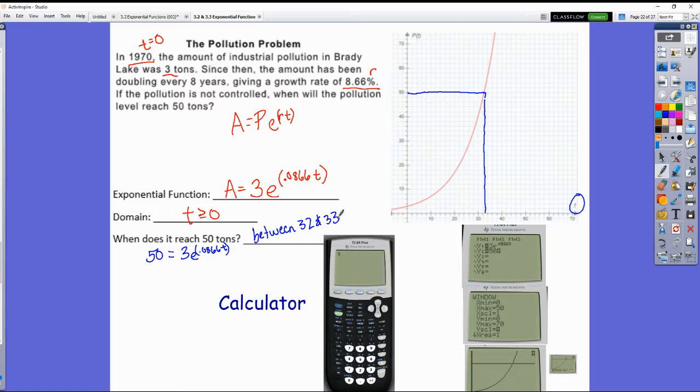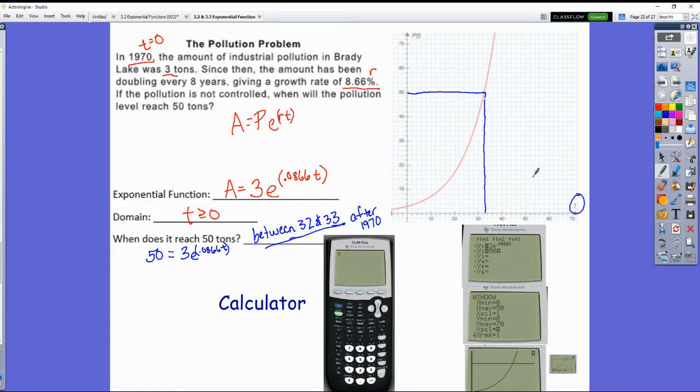So 32 and 33 years after 1970, because 1970 is when it started. So basically, the years 2002 and 2003 is when that was. So this answer is acceptable between 32 and 33. But just to be clear, you would add that to 1970.